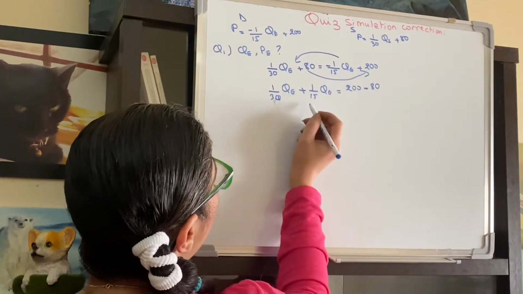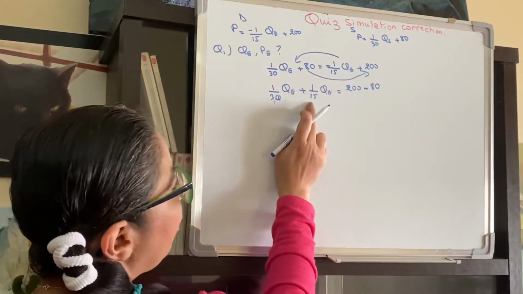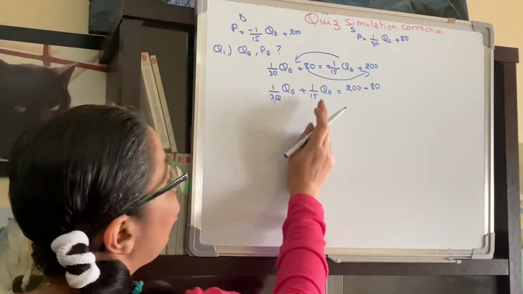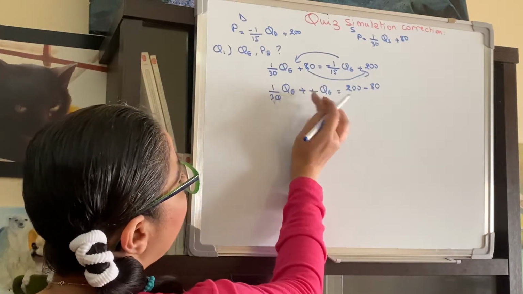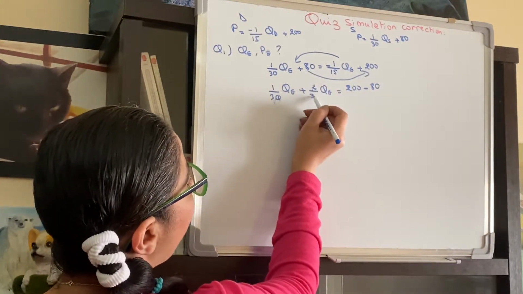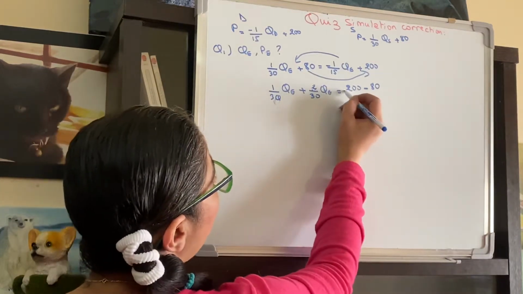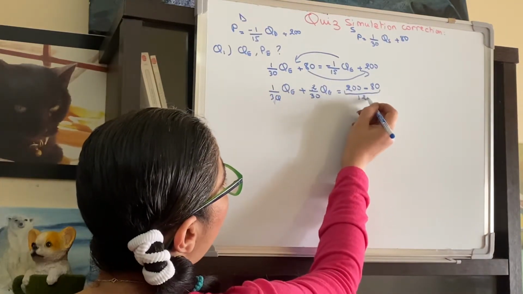Okay, so here I'm going to put in common. So it's going to become 2 over 30 QE. And here, if I calculate, it's going to give me 120.